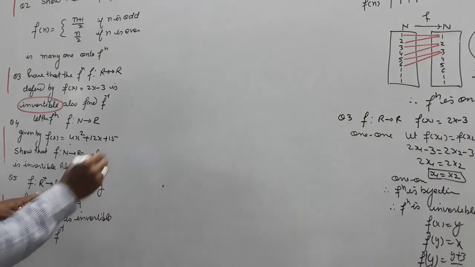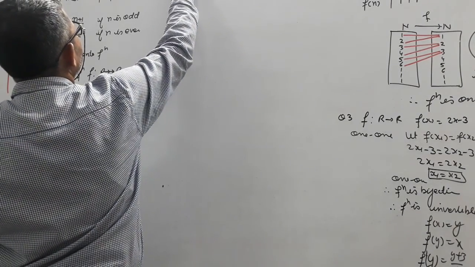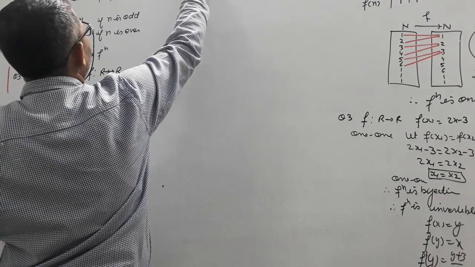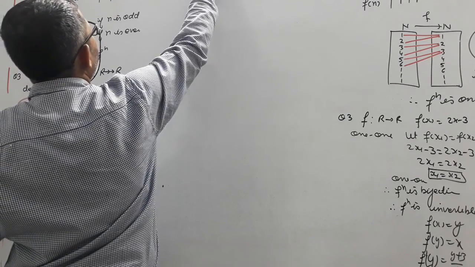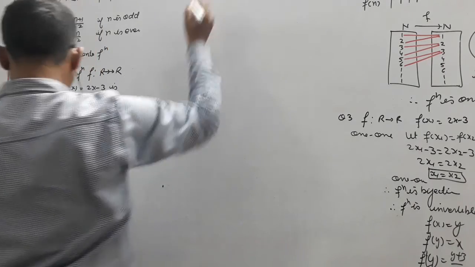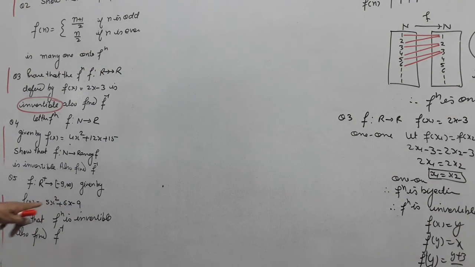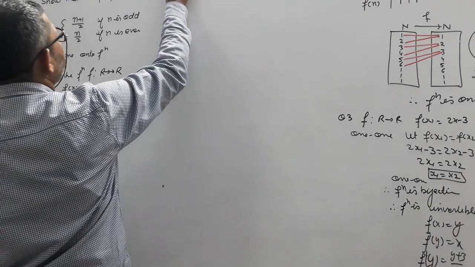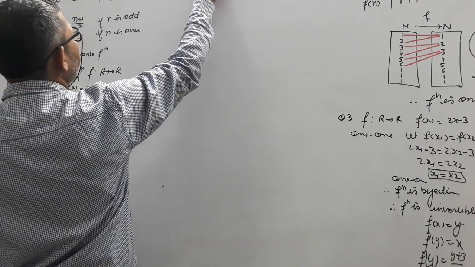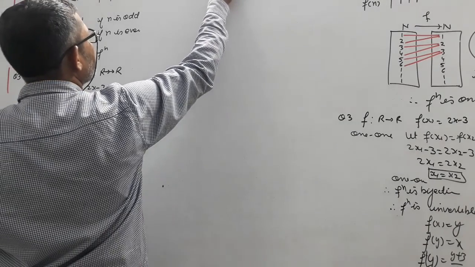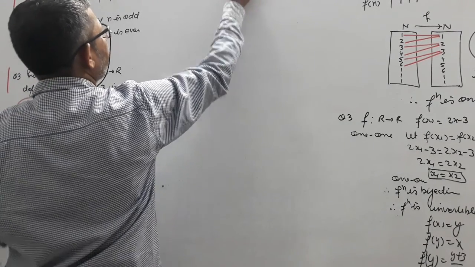5th. f is a function from R positive to minus 9 to infinity, and the function is defined by f(x) equals 5x square plus 6x minus 9.